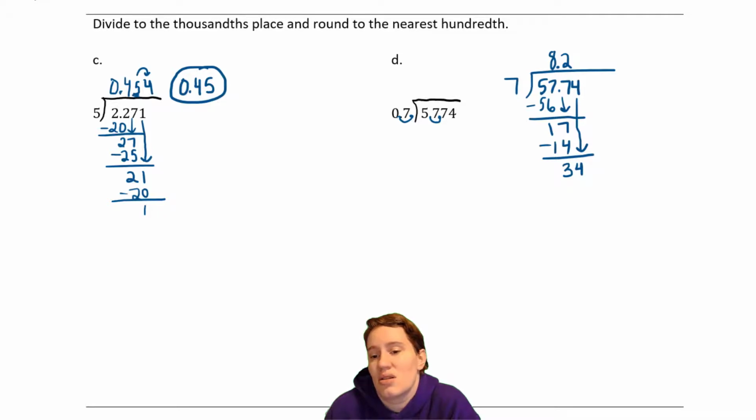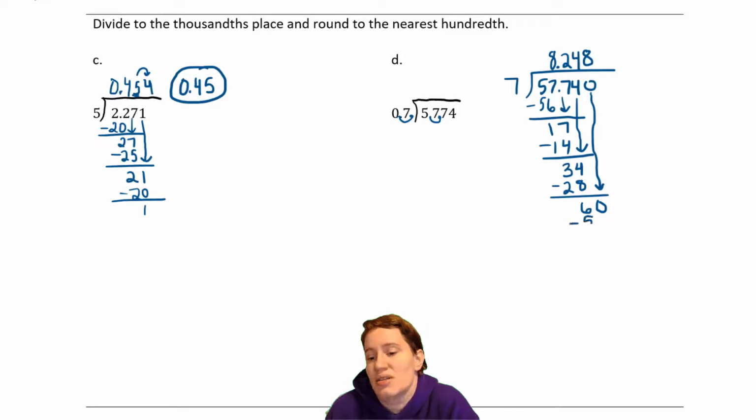7 goes into 34, almost 5 times, but it's just a little bit short of 5. So 7 times 4 is 28. So 7 goes into 60 8 times for 56.